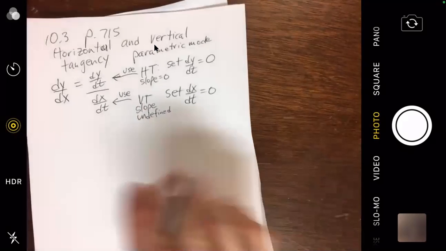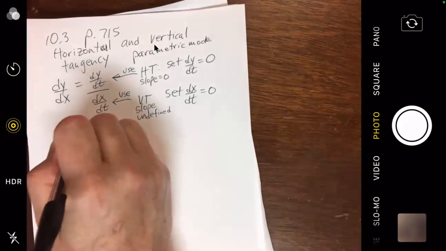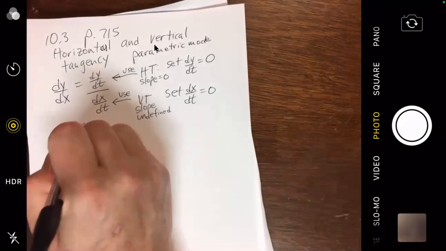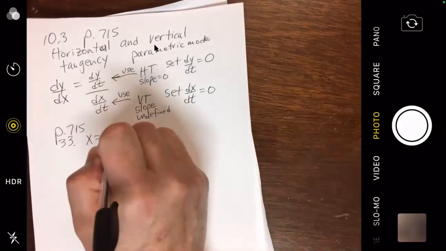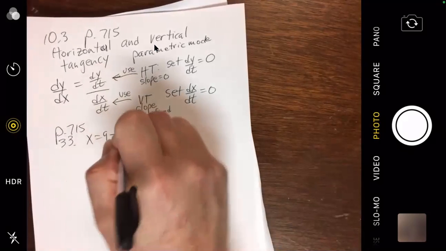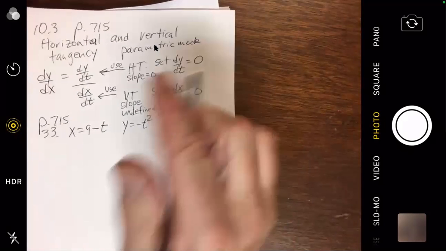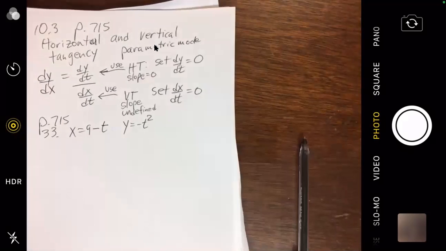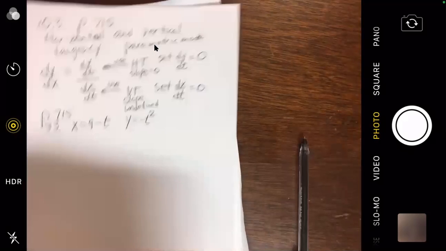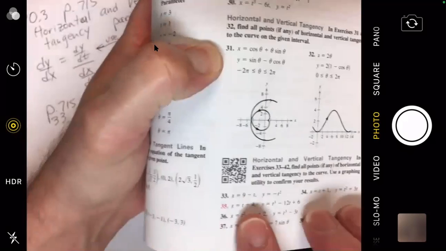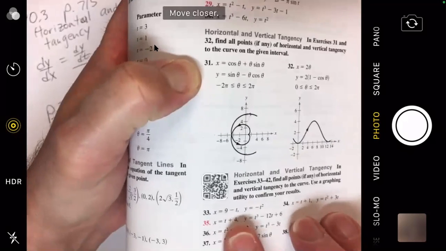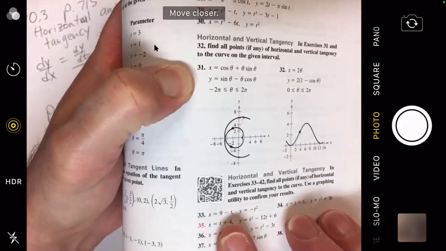All right, let's try a problem, page 715, like 33. x is 9 minus t, y is negative t squared. Find all points of horizontal and vertical tangency.